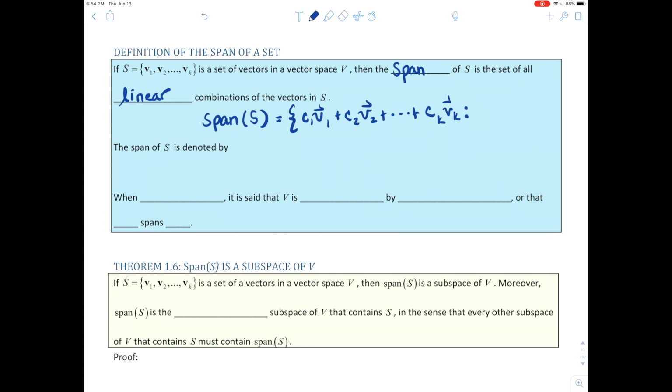Notice that each scalar times a vector gives us a vector, just like we were working with. And then we have C1 down to CK, where Ci belongs to the real numbers for i equal 1, 2, all the way down to K.